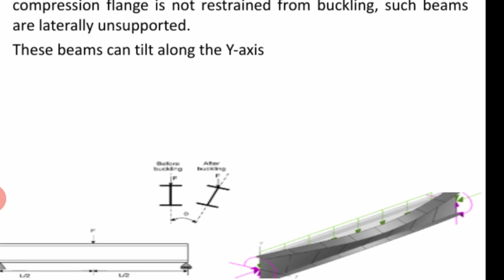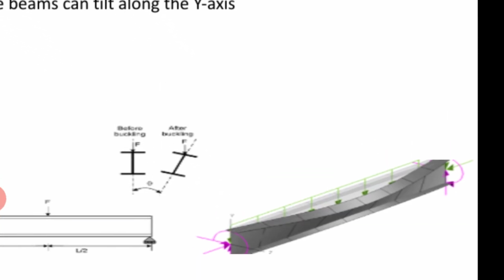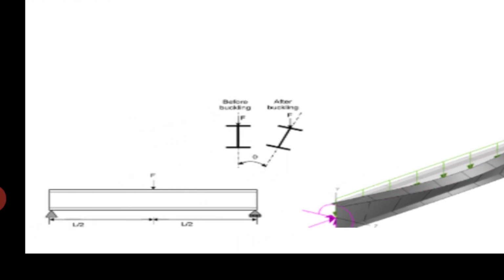It will tilt sideways like this. If you look at this figure, it will tilt sideways due to instability of the compression flange and rotate about the longitudinal axis. Just look at this figure, it rotates about the longitudinal axis like this.